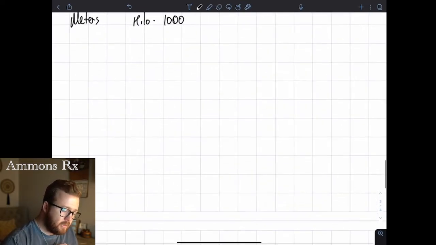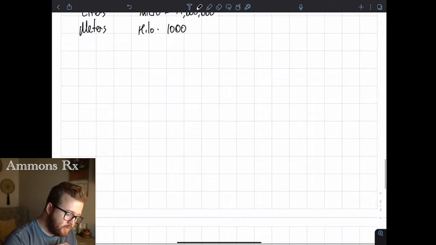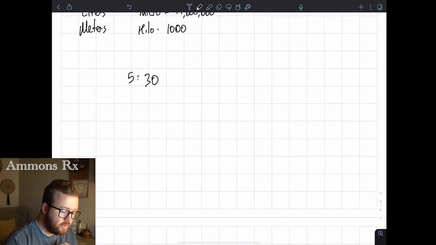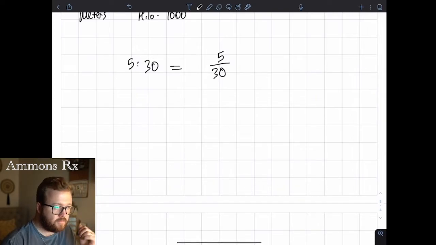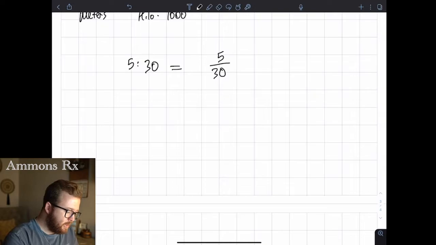Whenever you see this, so if you see a colon, that means it's a fraction. So this is the same thing as writing 5 over 30. So 5 over 30 in decimal form is 5 divided by 30 in your calculator.